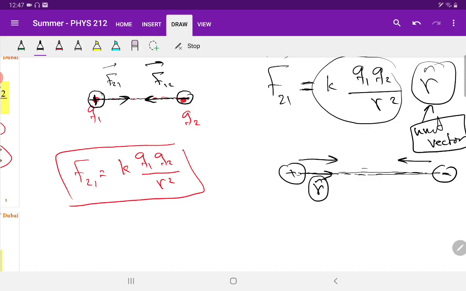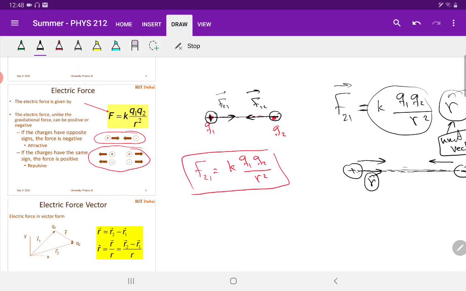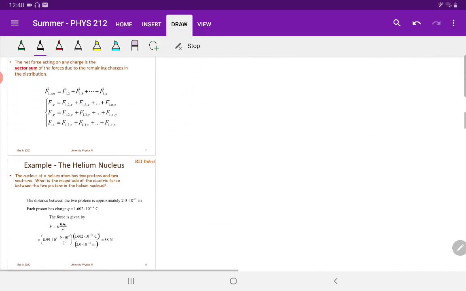So we will know whether the force acting on Q1 because of Q2 is repulsive or attractive. After we identify this, we'll know in which direction: is it right, left, up, down? After we identify the direction, khalas, we are done. We don't need to worry about the positive or negative sign. We just need to worry about the magnitude. I'll try to explain that in an easier way when we start to solve some of these questions.